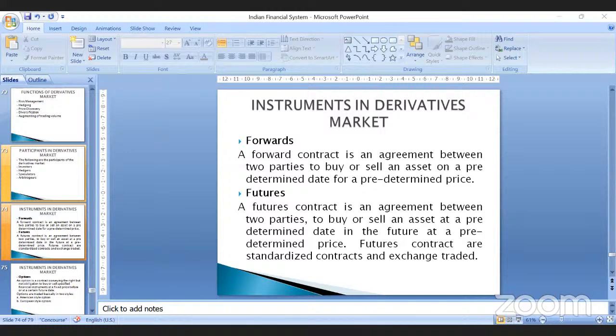They are designed to solve the problems of forwards. So the difference between futures and forwards is, forwards are traded as over-the-counter products, whereas futures are traded on the stock exchanges. But the price is predetermined and the time is predetermined in forwards. The same is predetermined in futures also, but there it is tailored, here it is standardized.